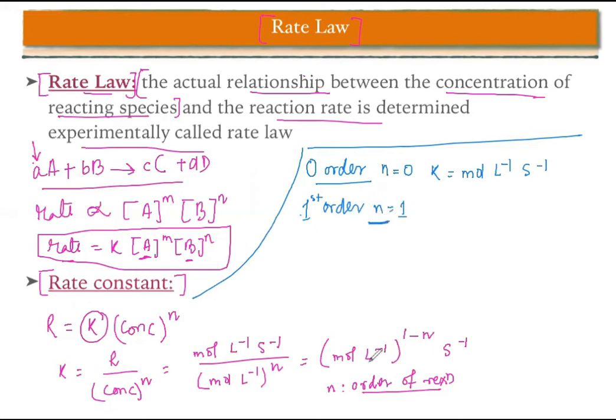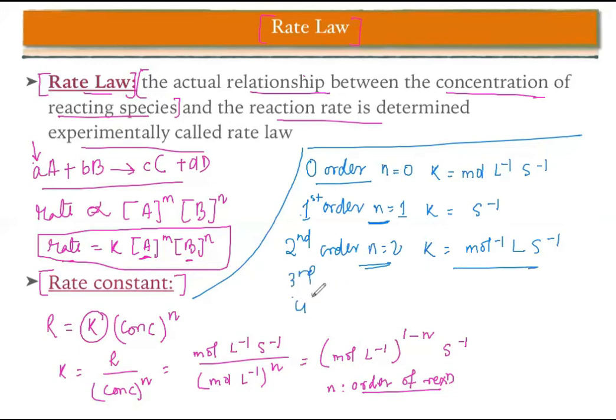Put n equal to 1, and we get the unit of rate constant, that is per second. Second order, n is equal to 2, so the unit of rate constant will be per mole liter per second. In this way we can find out for third order, fourth order and so on.